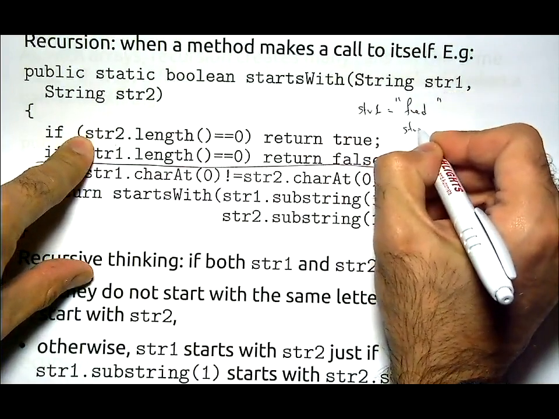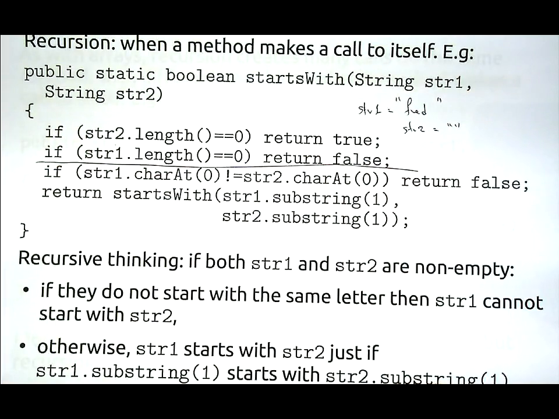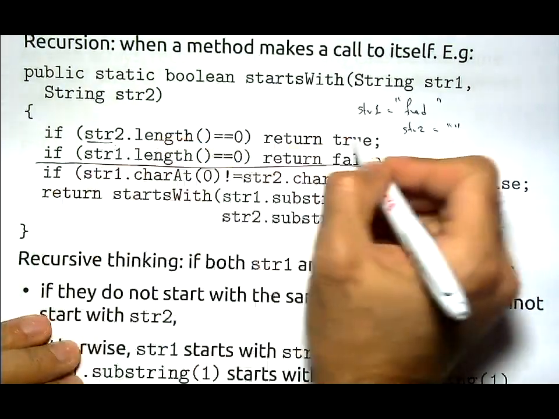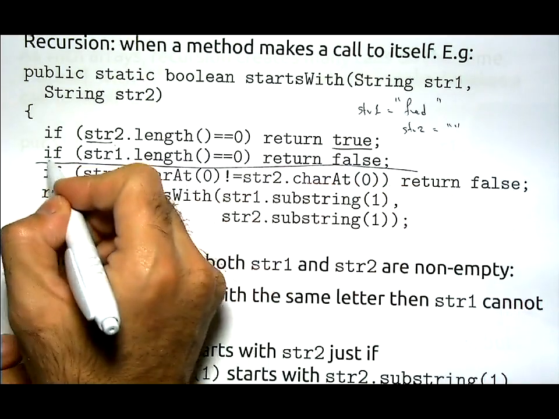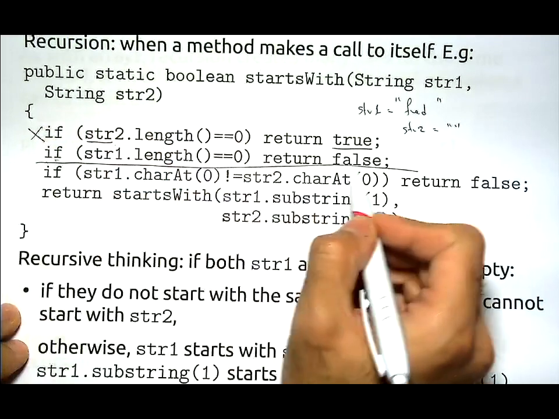If str2 is the empty string, then I'm happy. The empty string starts every other string. It's the beginning because it's empty. So if the second string is empty, then I say, yeah, the first string starts with the second string.